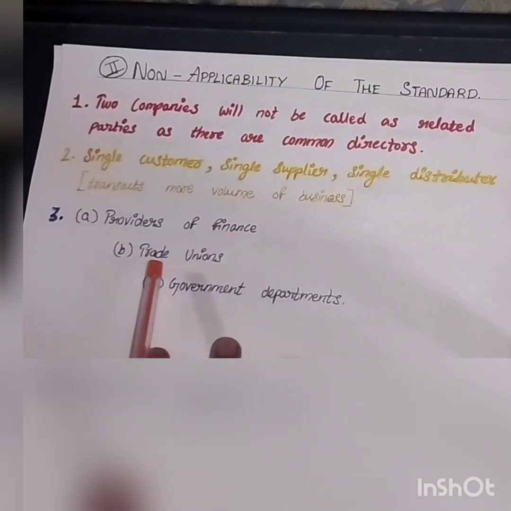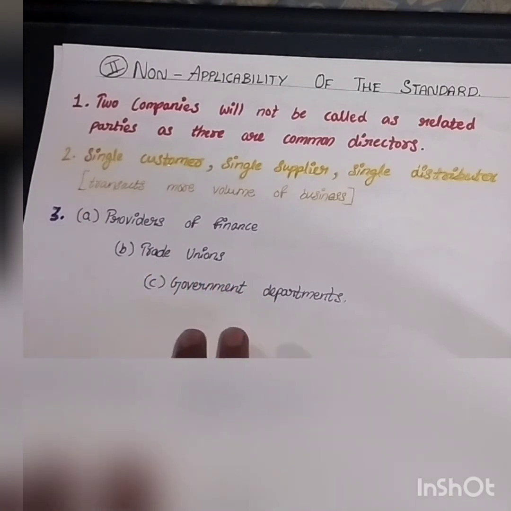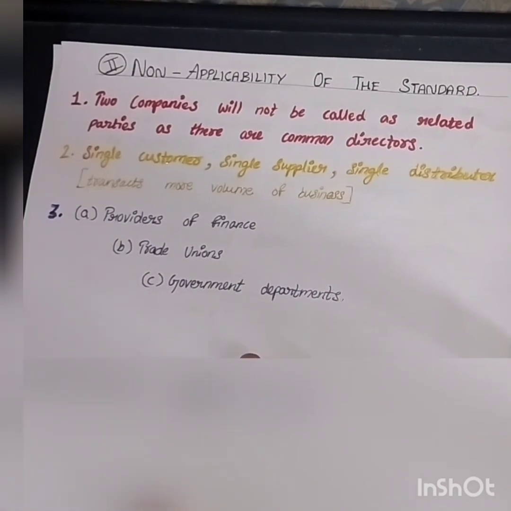Providers of finance, trade unions, government departments: in these three cases accounting standard 18 does not apply. You may go through these notes, and it is very simple to understand this accounting standard as it relates to the theory part.